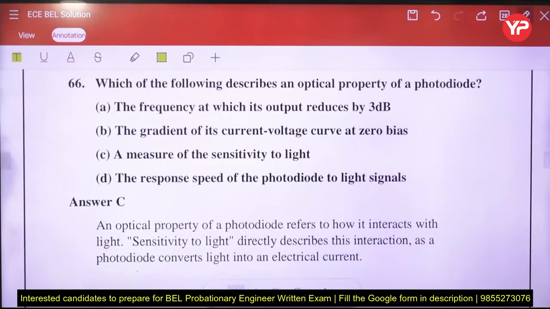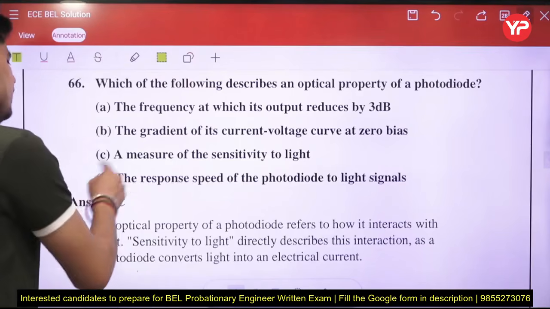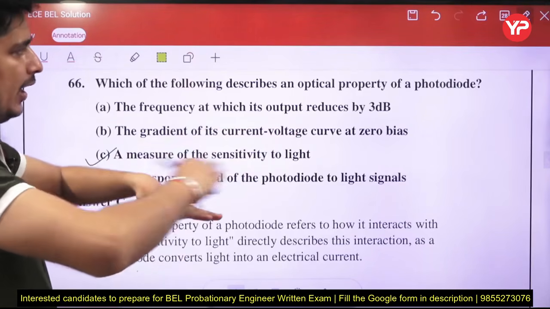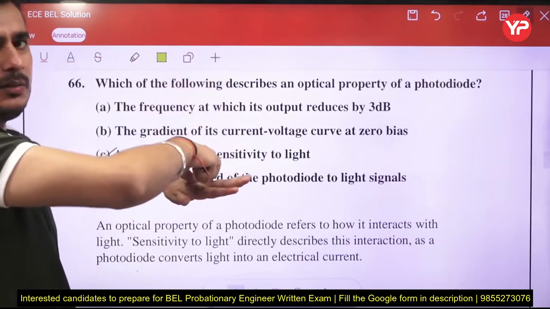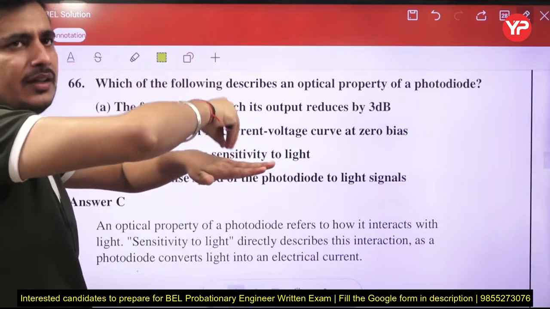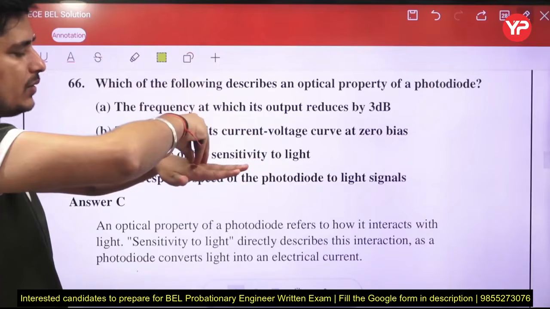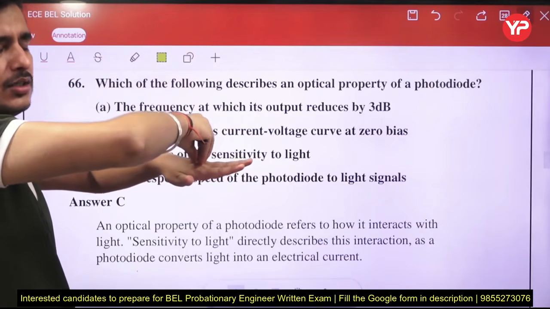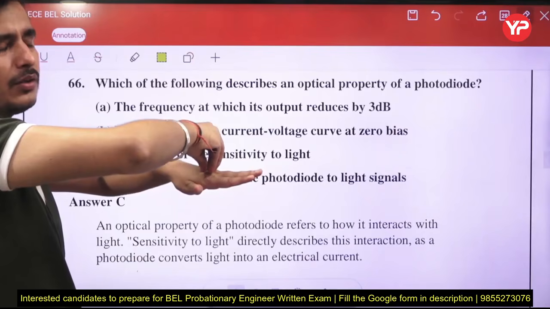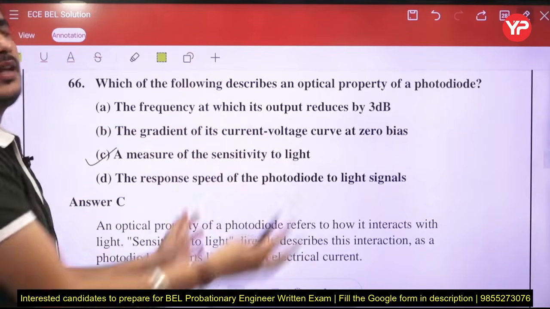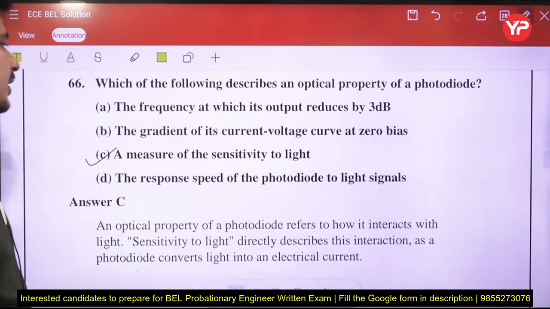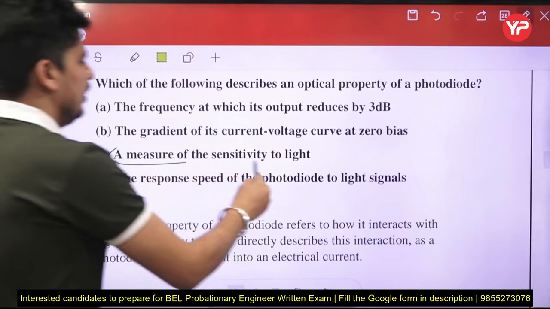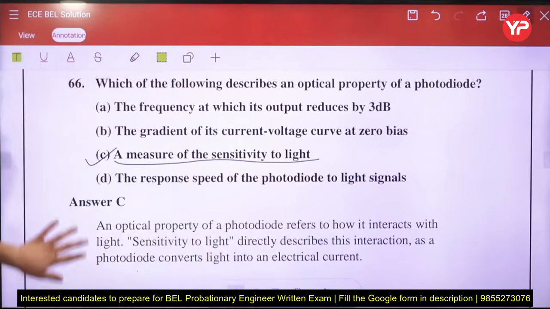It measures the sensitivity to light. If light is incident on the junction of a reverse biased photodiode, a large number of electron hole pairs are generated and current will flow. So it is sensitive to light; it is a measure of the sensitivity to light.